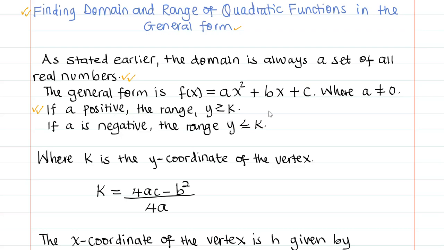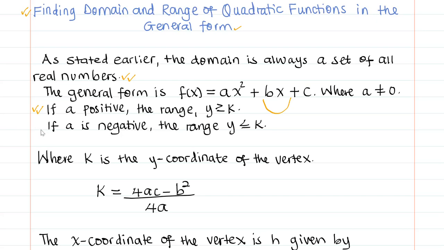If a is positive, our curve looks like this. If a is positive, then our curve has a minimum turning point.